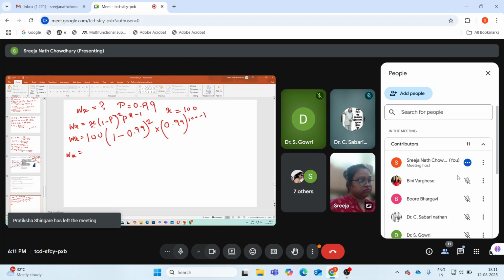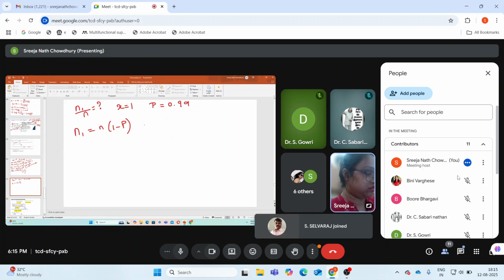Then, as I told you, the mole fraction is the same as the number fraction. So the formula reduces to N1 equals N into (1 minus P) into P to the power x minus 1.